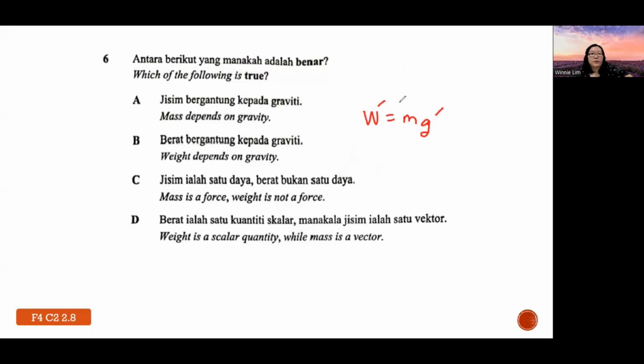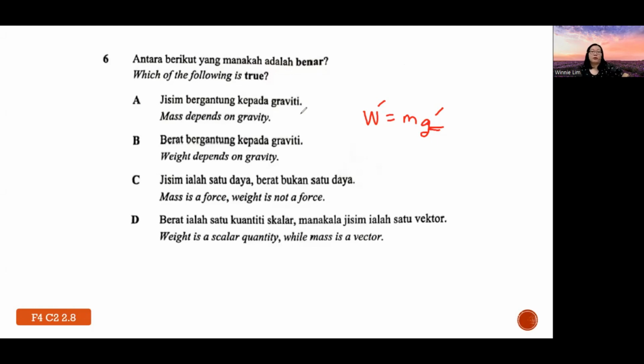The difference between mass and weight is that mass is constant, whether you are in outer space, on Earth, or on the Moon, but the weight is affected by the gravitational field strength. If you are nearer to the Earth, then the value of g is greater, so your weight is also bigger. Okay, so now we see the options.